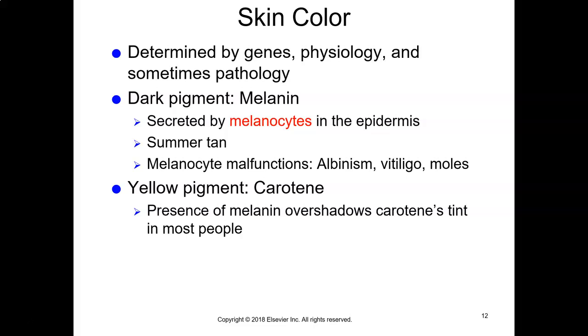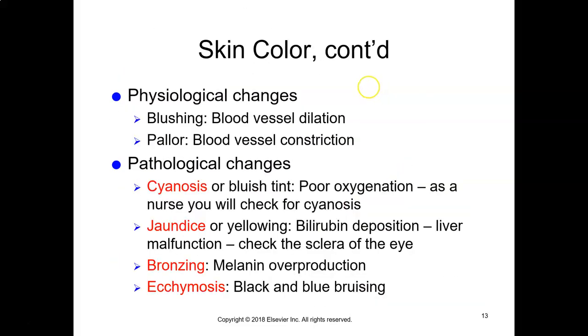So we do have a yellow pigment to our skin that is usually overshadowed by the melanin. But people who drink carrot juice, carrots and keratin, they will get an orange skin. And I have had patients that come in and their skin is orange from all the carrot juice they're drinking.